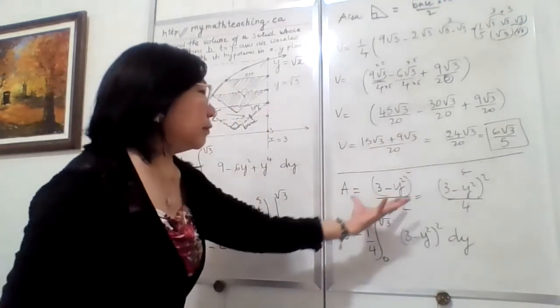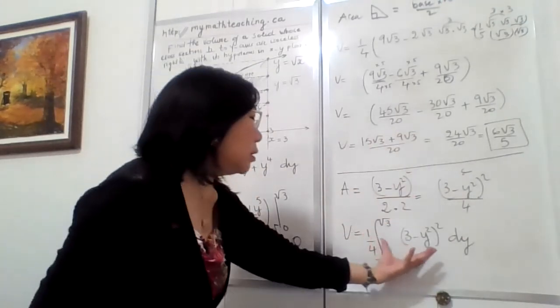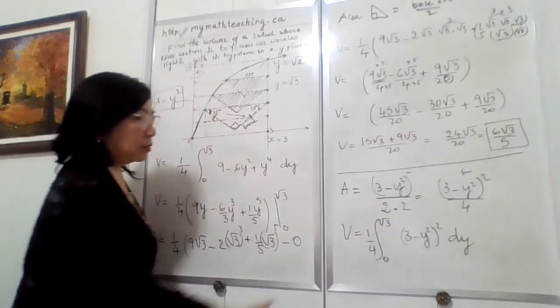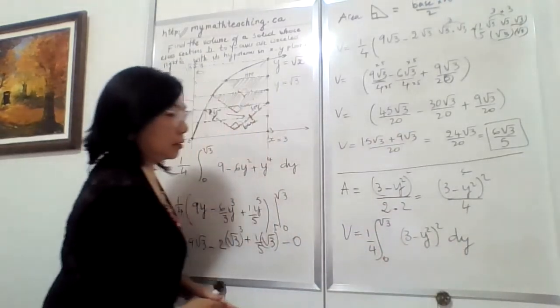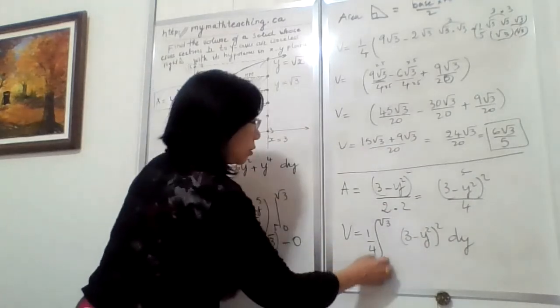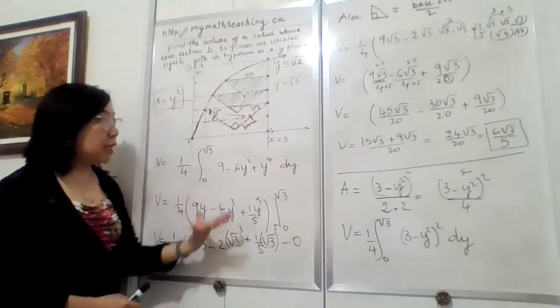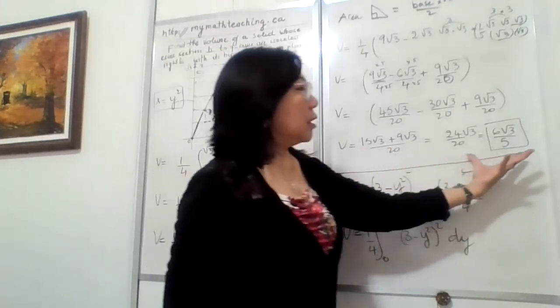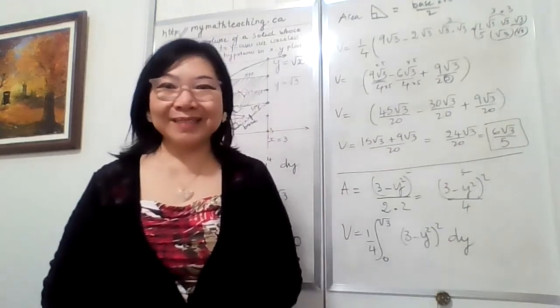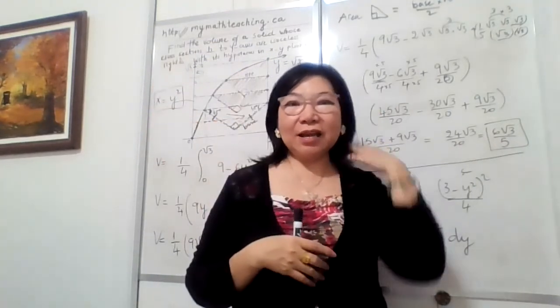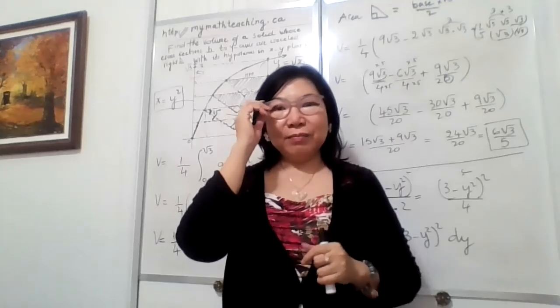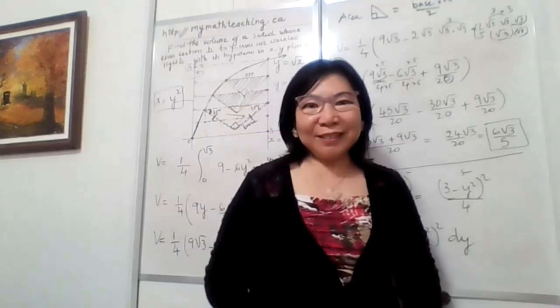So after we find the area, we put it in the integration, and we integrate using dy and generate from 0 to square root 3. So we get the answer here, the volume in terms of exact value. So that is the lesson we learned today.